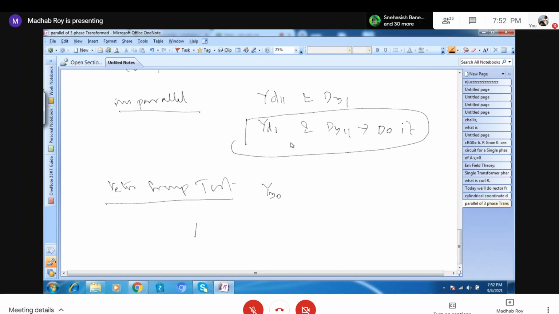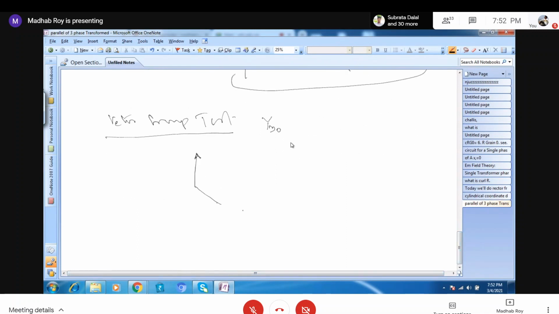We draw a phasor of this, a similar phase sequence. So this will be the A, this will be the B, this will be the C of the Y connection, and similarly this will be the A, this will be the B, and this will be the C of the same connection.